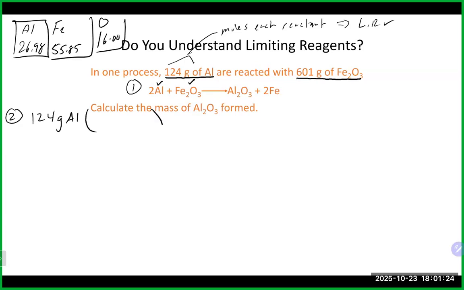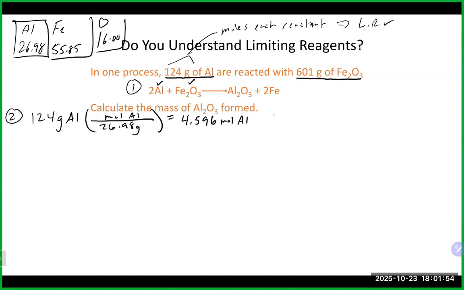We'll use the molar mass there of aluminum, which is 26.98 we get from the periodic table. Going to put grams on the bottom so they cancel. 124 divided by 26.98 is going to get us about, we'll call it 4.596 moles of aluminum. We're going to do the exact same thing for our other reactant.